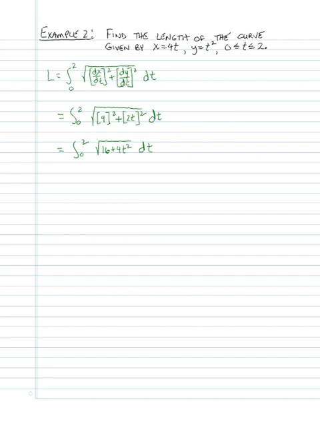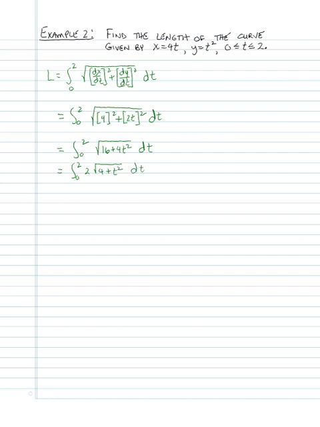Well, certainly we can simplify that a bit. Okay, we can do a little bit of substitution. I'm thinking here that there's a common factor of 4, and we can take the square root of 4, so this is the integral from 0 to 2 of 2 times the square root of 4 plus t squared.